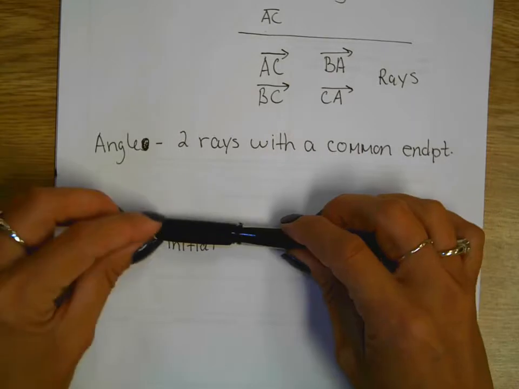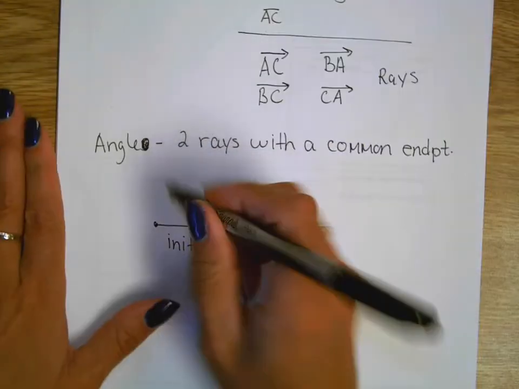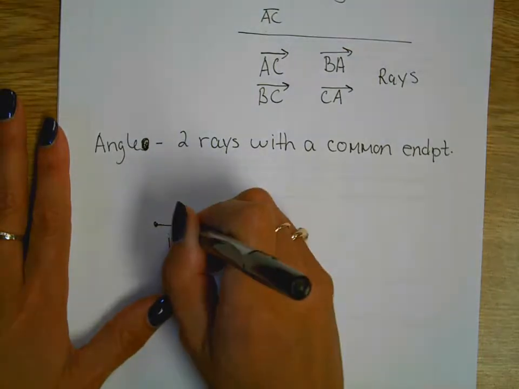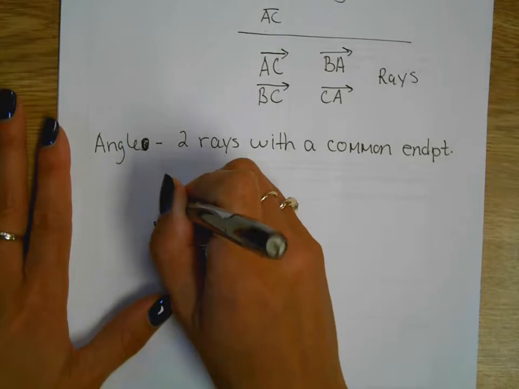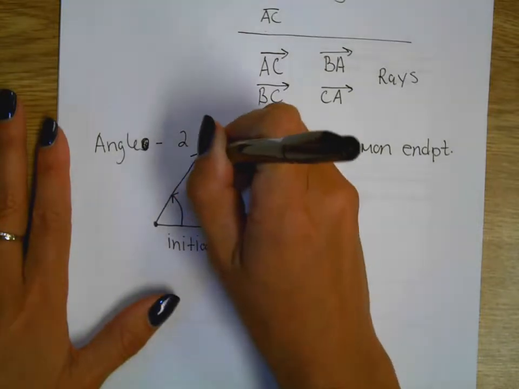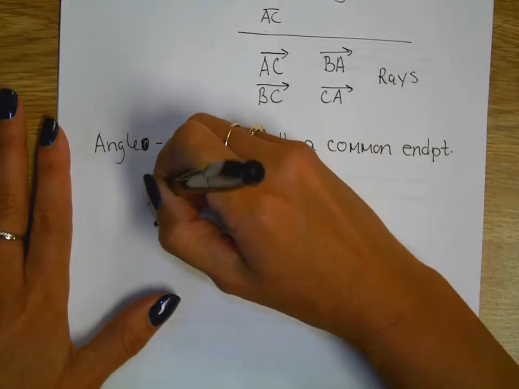Then if you take that and you rotate that in a counterclockwise direction, that is going to be considered a positive angle measure. It's a positive rotation, positive direction. This is called the terminal side, where it stops or terminates at.